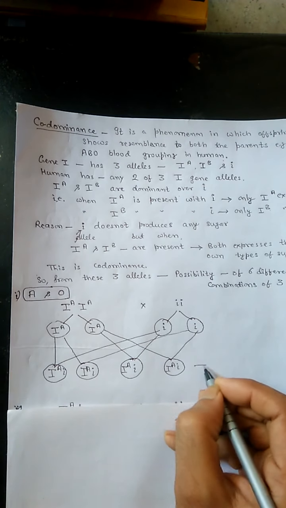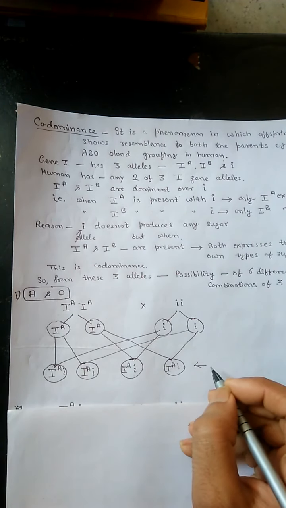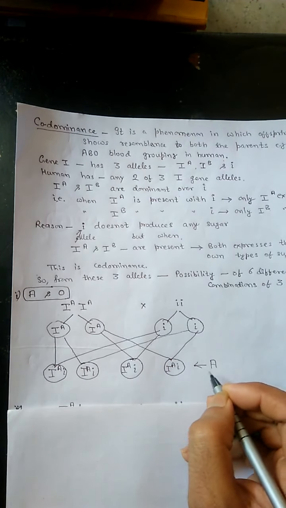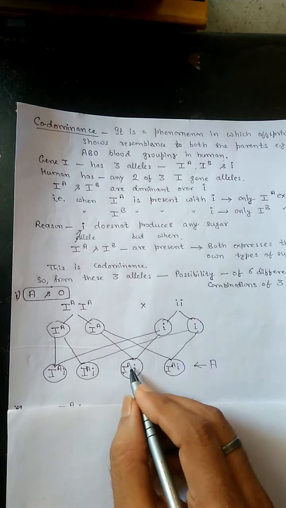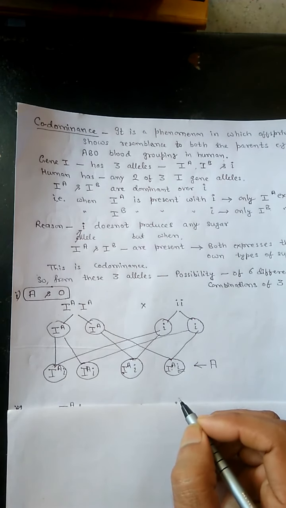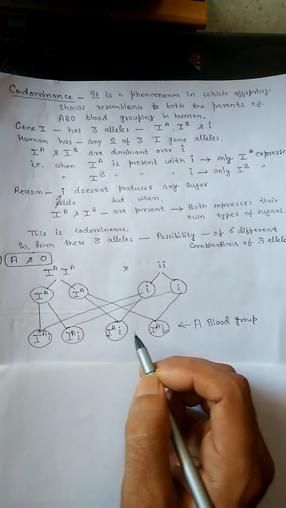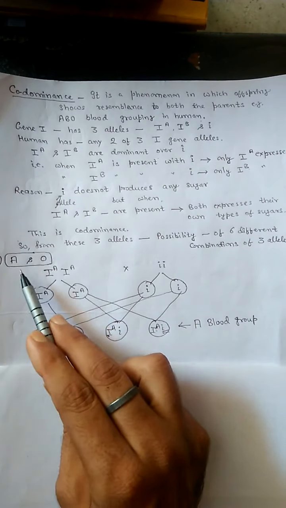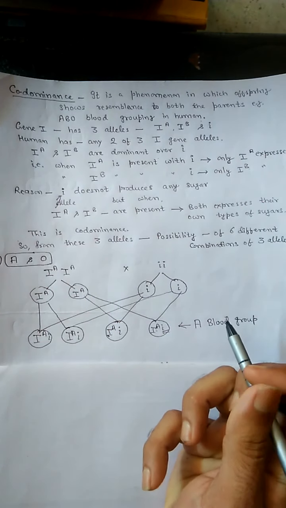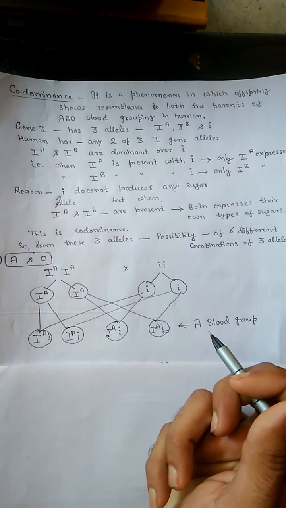From this it is clear that all the offspring have A blood group, because here IA is the dominant one while small i is the recessive one. So in crossing between O and A, all progeny of the F1 generation will have A blood group.